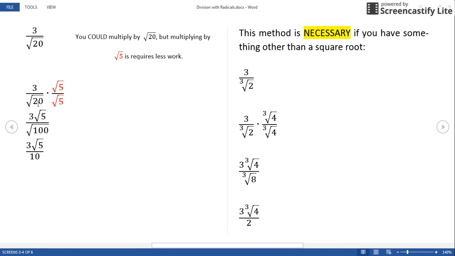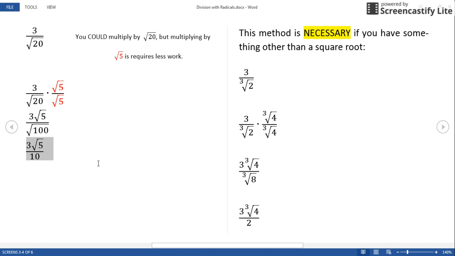On the bottom, square root of 20 times square root of 5 is square root of 100. The whole purpose of doing this is that square root of 100 can be simplified to be just 10. No simplifying on top, no canceling with this one, so our answer is 3 square root of 5 over 10.